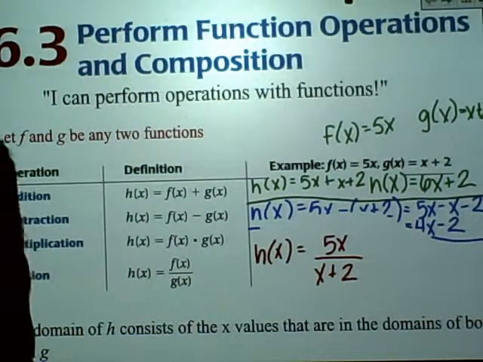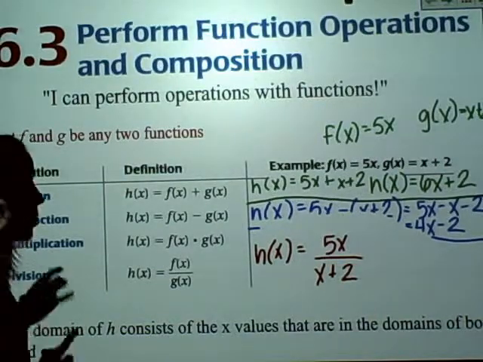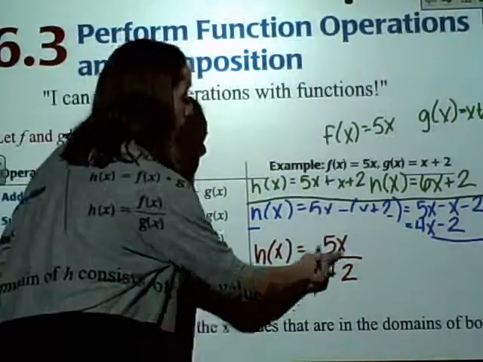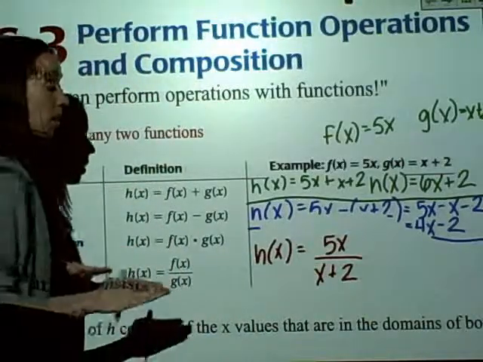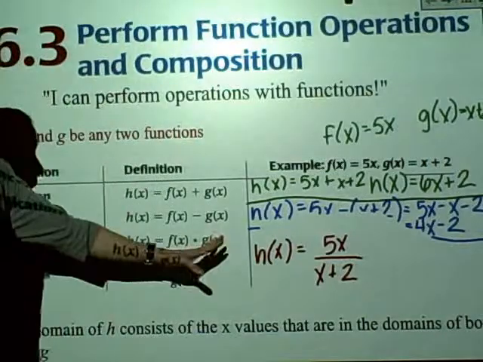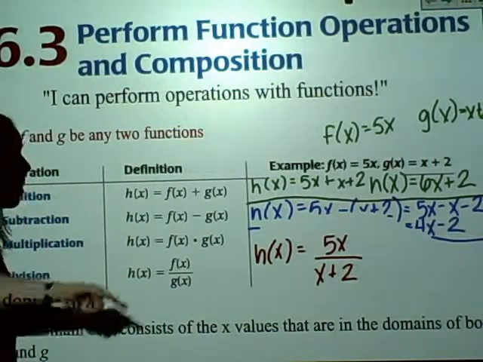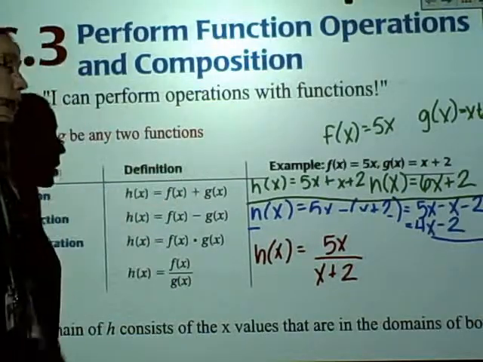I don't have any radicals in the denominator. I don't have anything I can pull out and simplify. Do not be fooled and think that you can cancel that. Remember, we can't do that. You can only cancel x's if it was pulled out of the bottom. So there, we're done.